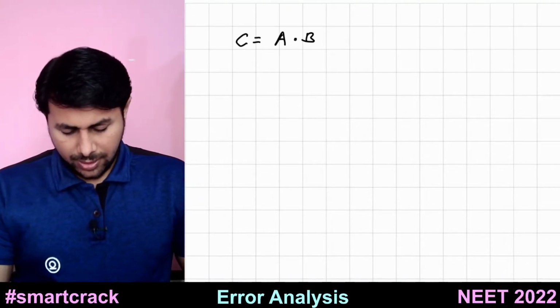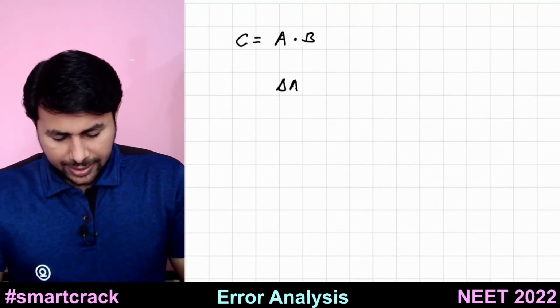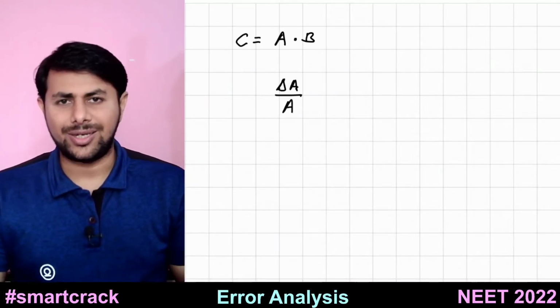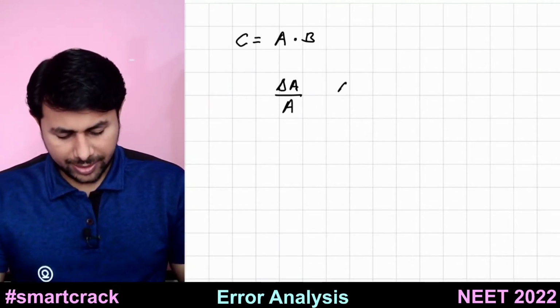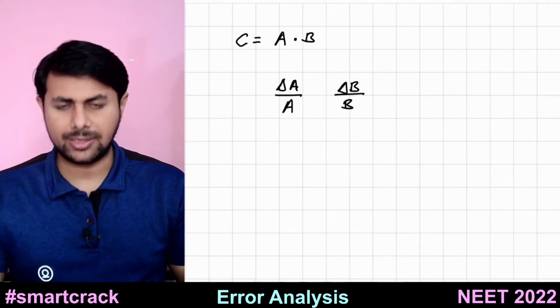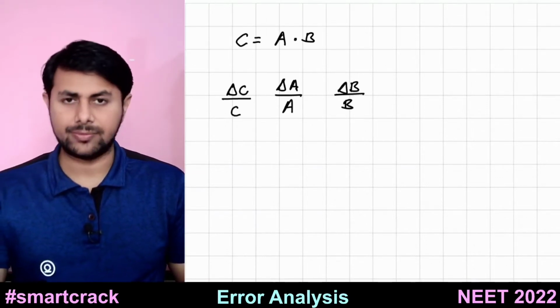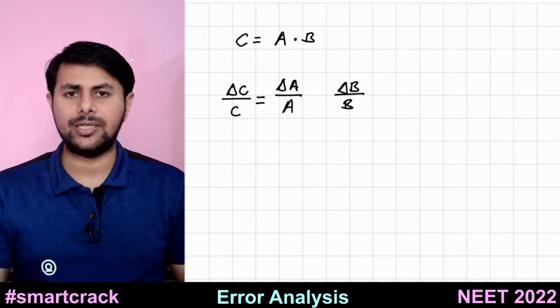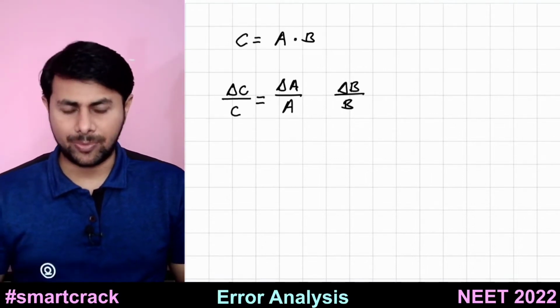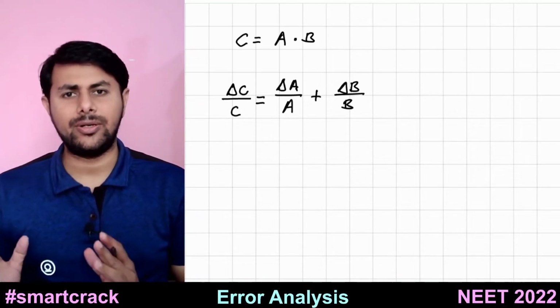Let's suppose delta A upon A is the relative error in A, delta B upon B is the relative error in B. So delta C upon C is equal to delta A upon A plus delta B upon B.